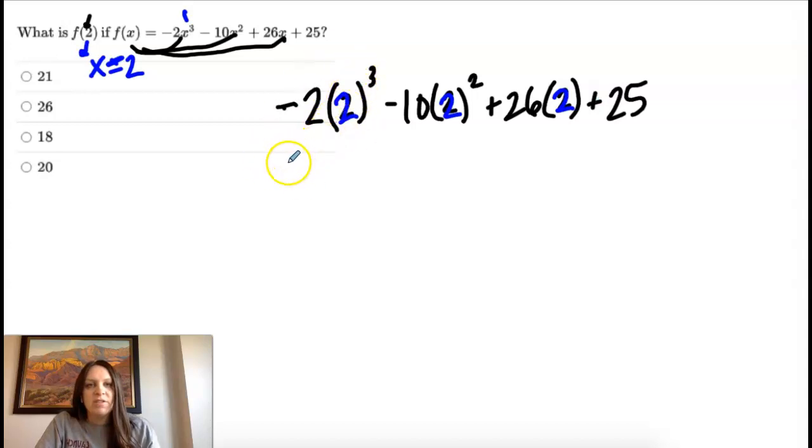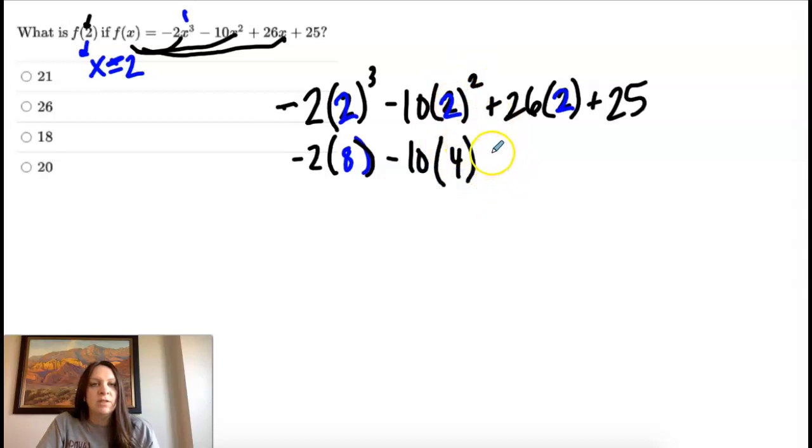So negative 2, and then 2 to the third becomes 8. Minus 10, 2 squared is 4. Plus 26 times 2 is 52. Plus 25.